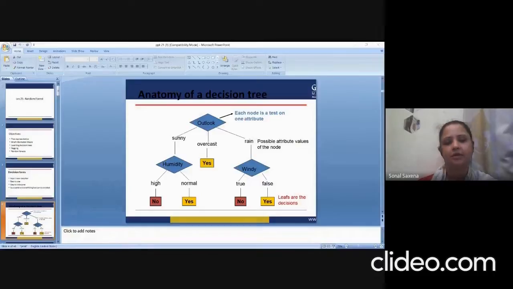Now, let us understand what is the difference between decision trees and random forest. While random forest is just a collection of decision trees, there are some differences. If you input a training data set with features and labels into a decision tree, it will formulate some set of rules which will be used to make the predictions.